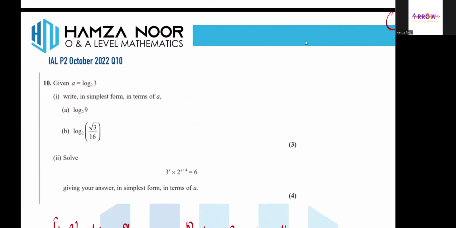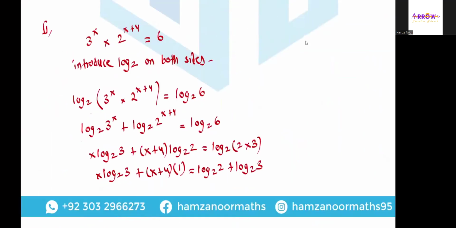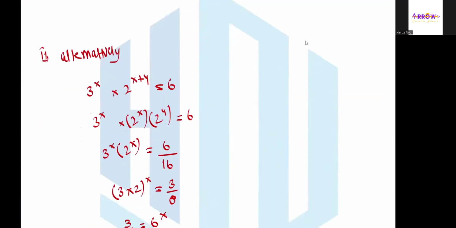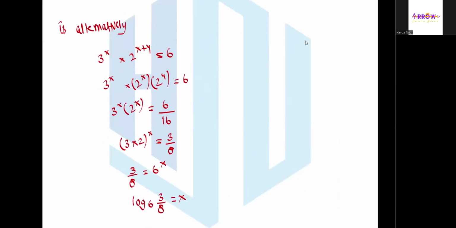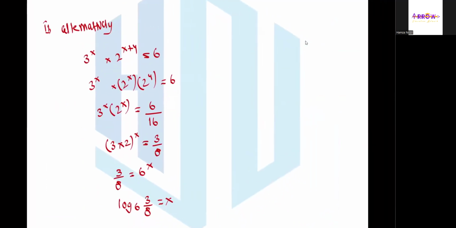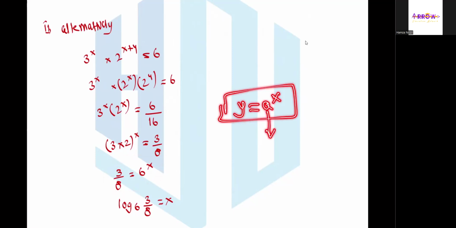So now let's move on to the alternative working as well. For this part, alternatively, I started with this equation, and first I expressed it in a basic index form. The basic index form is y is equal to a raised to the power of x, where a is the base and x is the power or the index.